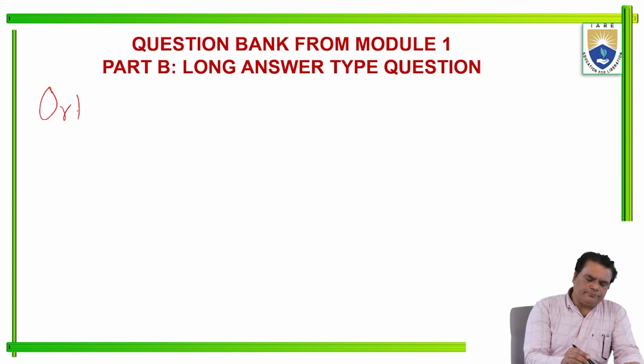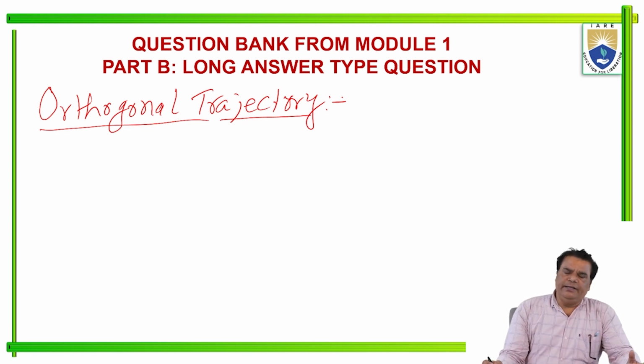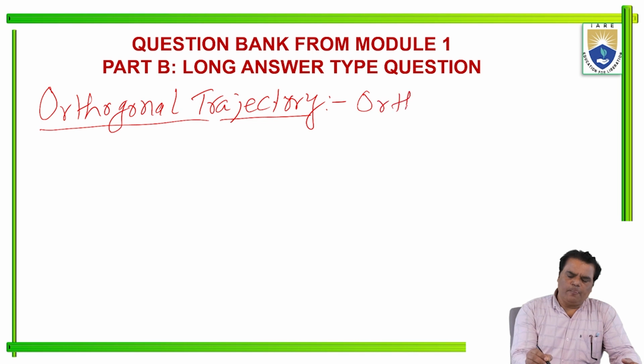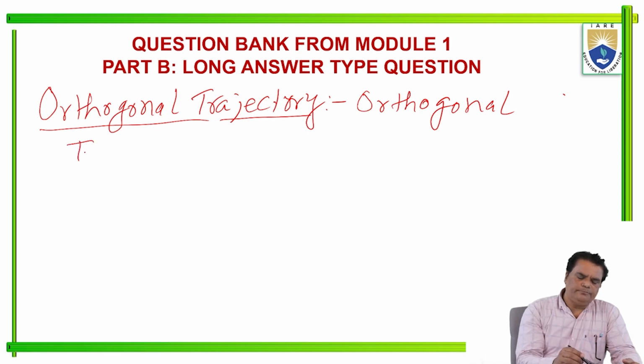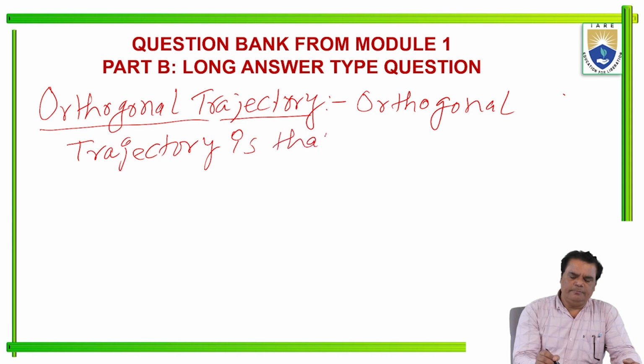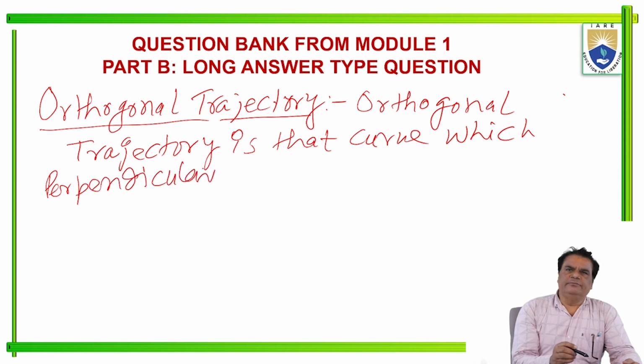Orthogonal trajectory is that curve which is perpendicular, or at 90 degree, on the given curve.